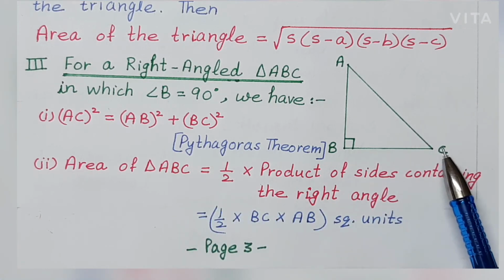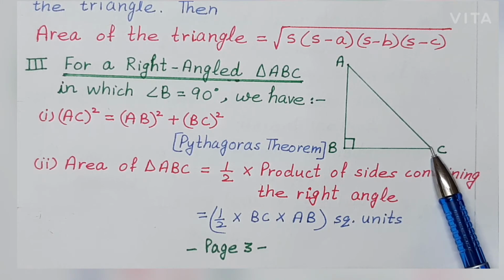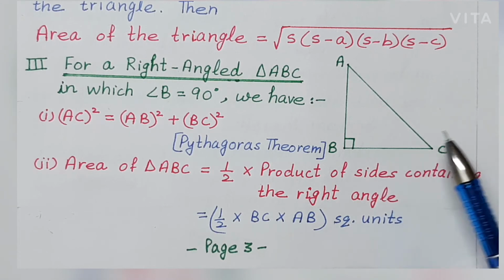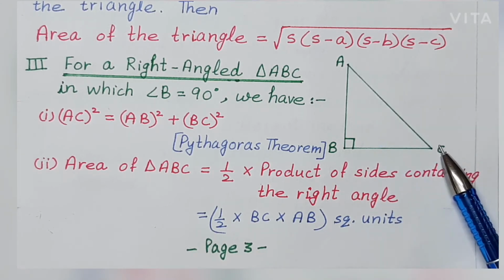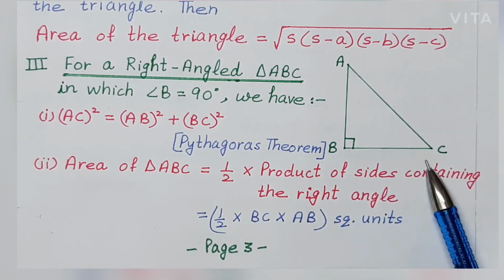So in this triangle you can see angle B is 90 degrees. If we have to find the value of AC here, how will we find it? We will apply the Pythagoras theorem, that is AC square is equal to AB square plus BC square. Clear?